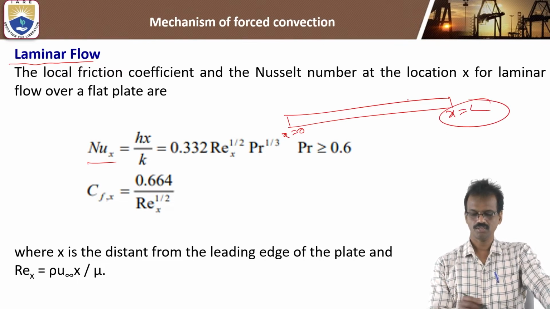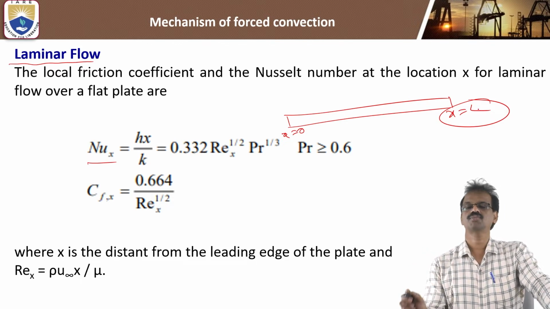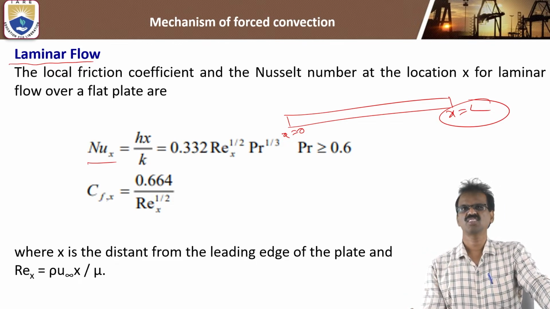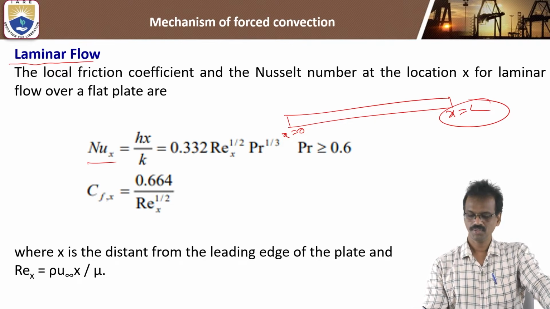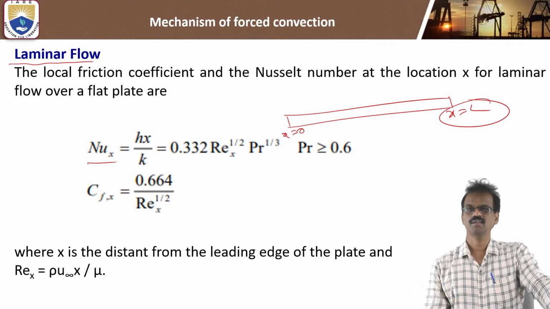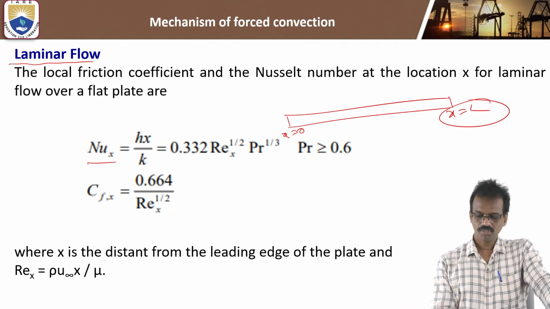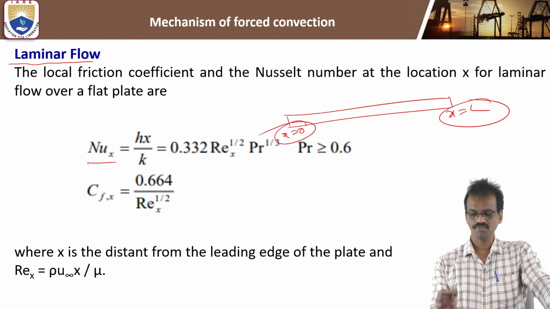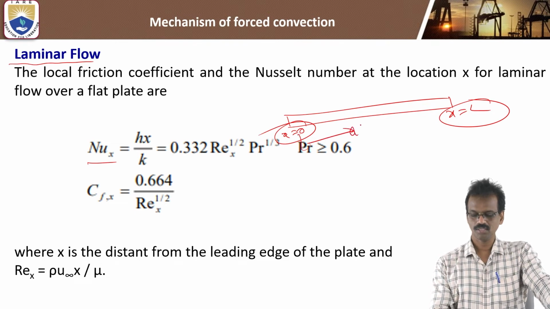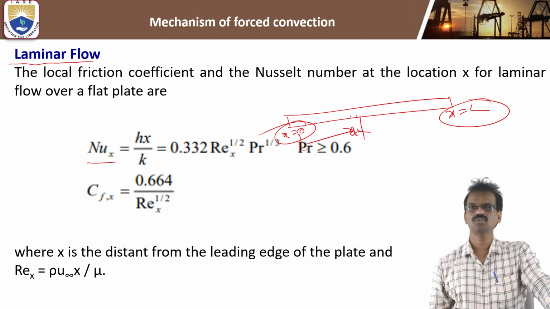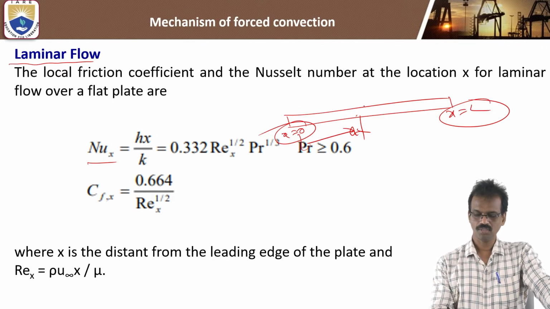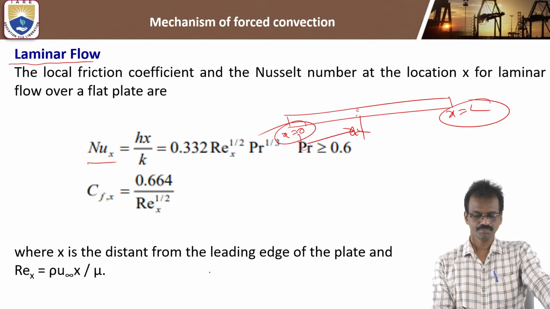This one is the average Nusselt value, it means the Nusselt value over the full length of the plate. First, you'll see at x is equal to some particular distance, the Nusselt value of that fluid.